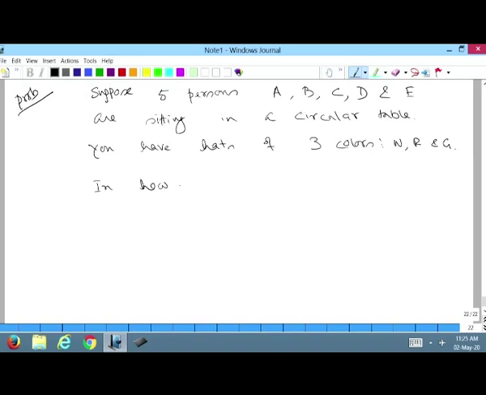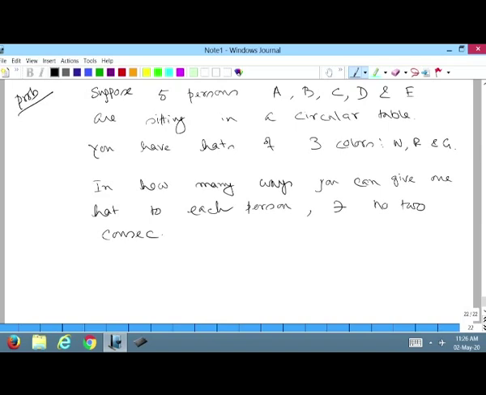In how many ways can you give one hat to each person such that no two consecutive persons have a hat of the same color?